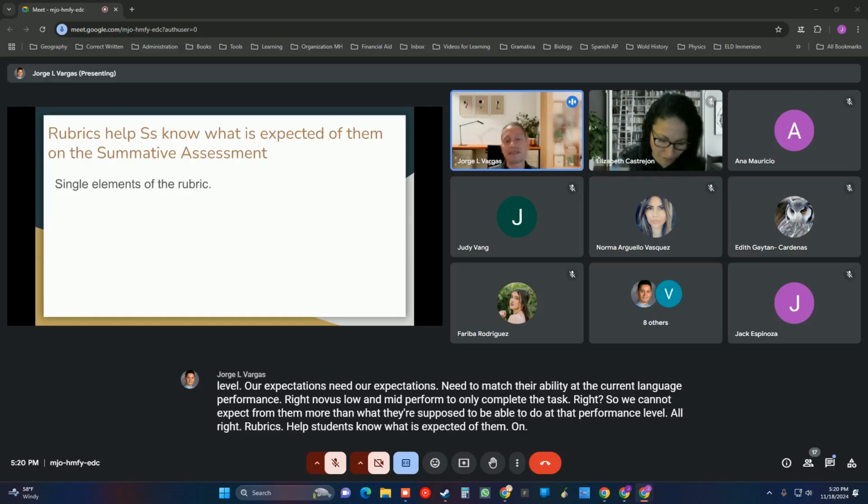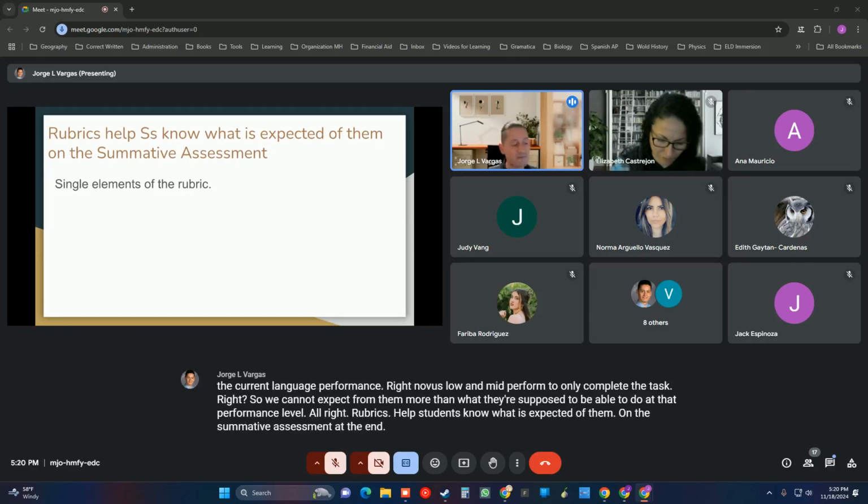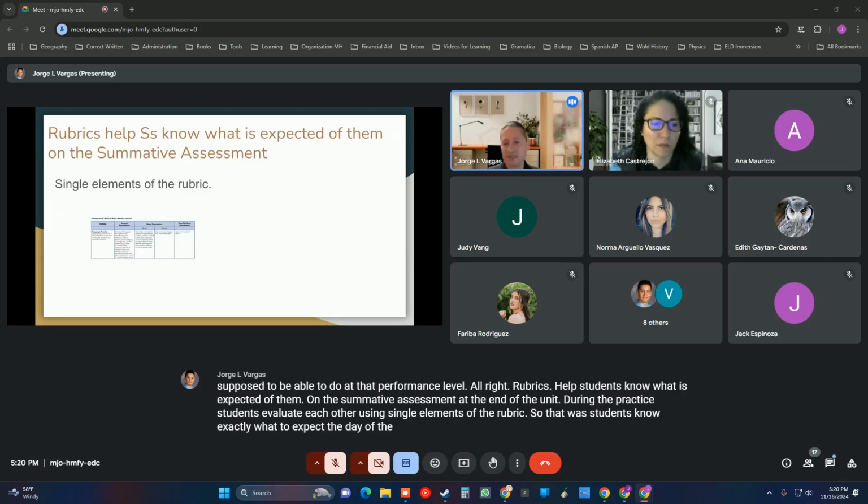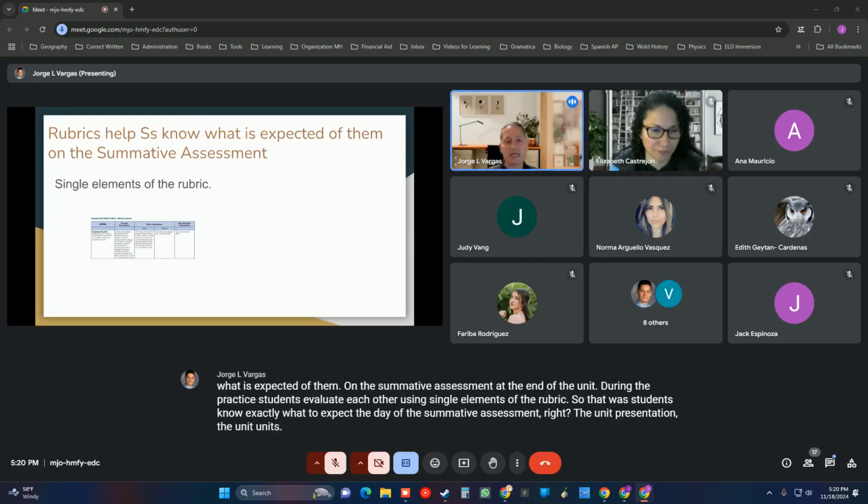Break your rubric into pieces and have the students assess their own work using single elements of the rubric. So at the end of the unit, hopefully they went through all the elements and are familiarized with the expectations of the rubric for the unit test or unit presentation. Okay. Any questions, comments at this point?